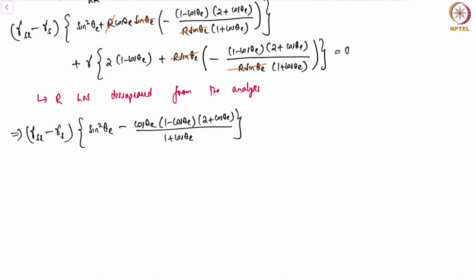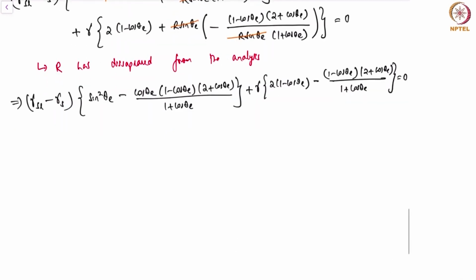That's the first term. And then the second term is nothing but gamma times 2 into 1 minus cos theta e minus cos theta e into 2 plus cos theta e by 1 plus cos theta e. This whole thing is equal to 0, right? And so we can do a few simplifications.